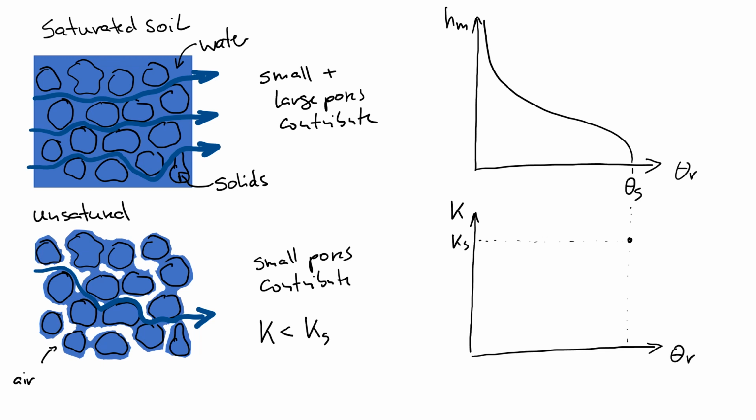We might also remember from our water retention characteristic that there is a residual water content, water that is simply held in thin films around particles. And at this point, the water films are no longer connected with each other, and the hydraulic conductivity would have to drop to zero at this water content.